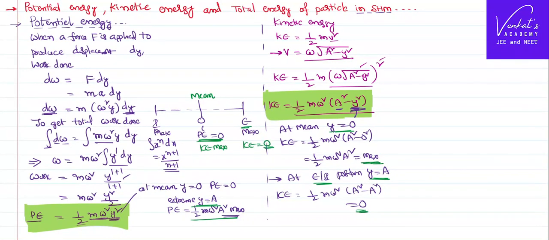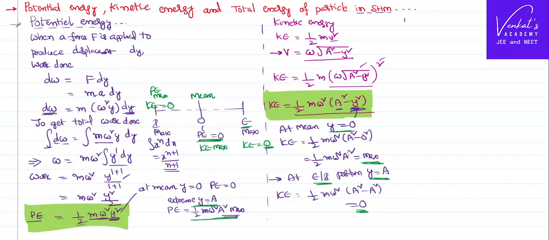So you can see one energy becomes more while the other becomes less. At the extreme position, potential energy is maximum and kinetic energy is zero. So one energy increases, another energy decreases, mathematically.